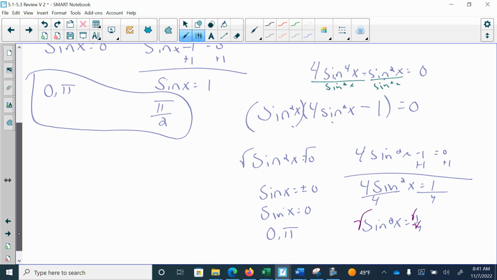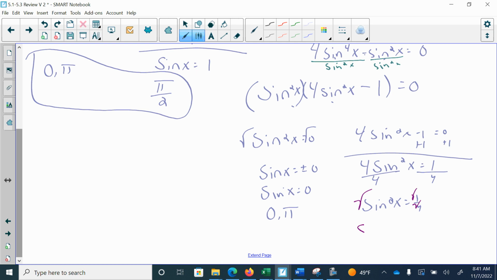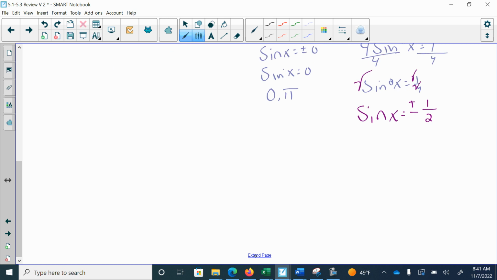So I'm taking the square root of the numerator and denominator. So I'm going to have sine of x. I took the square root, so I'm going to write plus or minus. The square root of 1 is 1. The square root of 4 is 2. So I'm going to have plus or minus 1/2. And that happens on my unit circle with the denominator of 6. So since it's positive and minus, I'm going to write all of them.